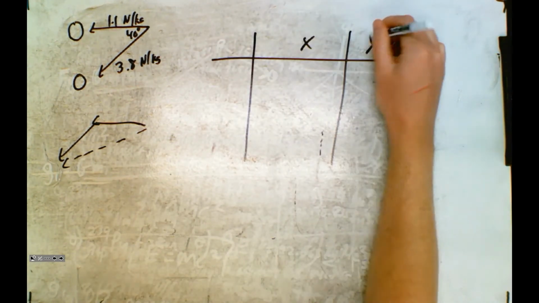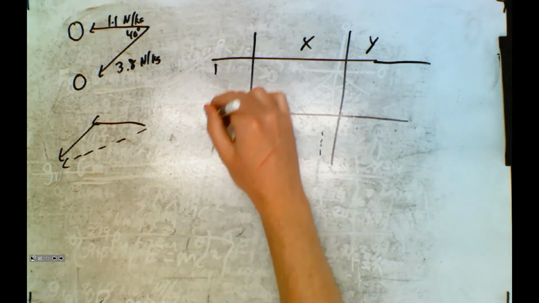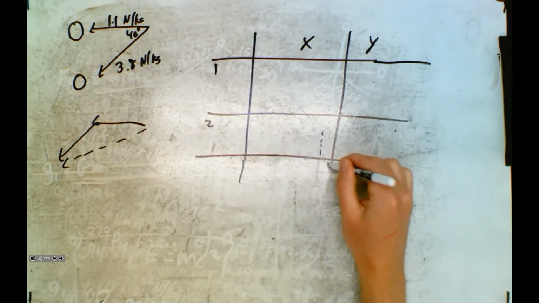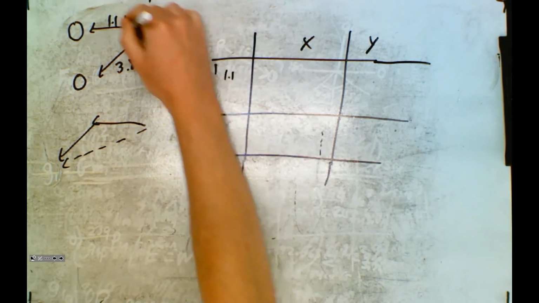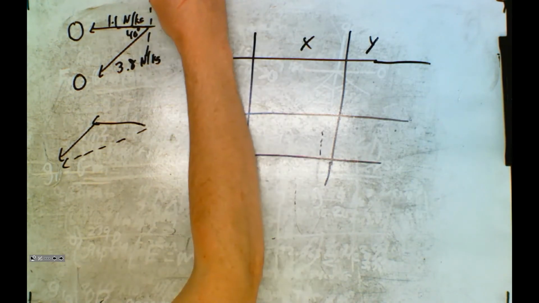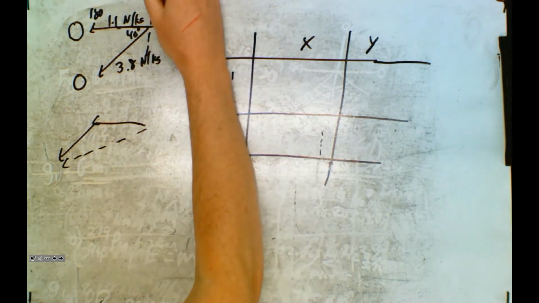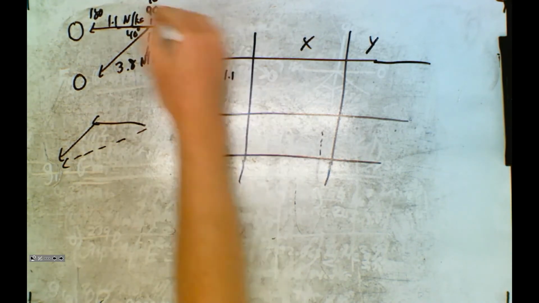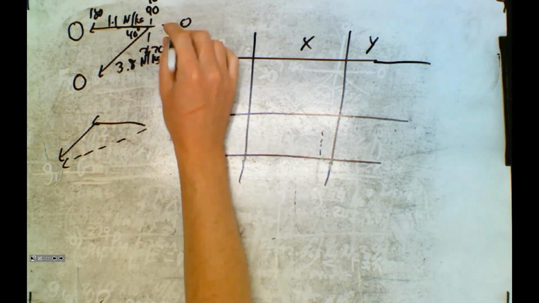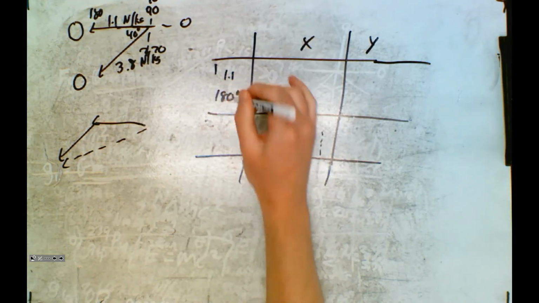We have x, we have y here, and we have vector 1 and vector 2. So vector 1 is 1.1, and in terms of RCS, this is 0, 90, 180, 270. So the 1.1 is going straight to the left, so it's going to be 180 degrees.